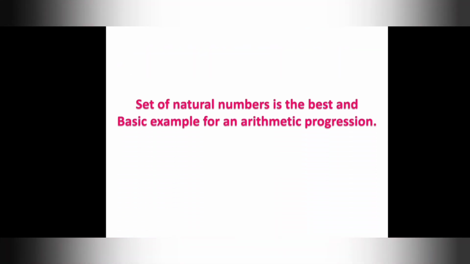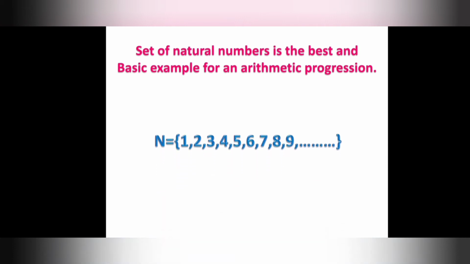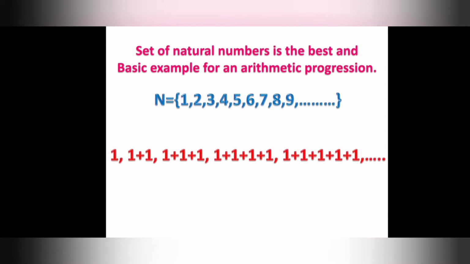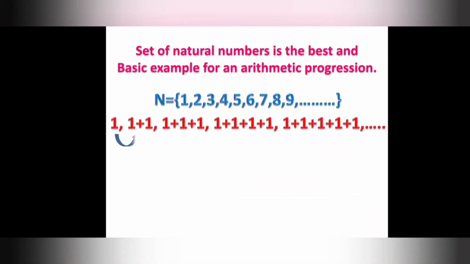Now let's consider an example for better understanding. For clarity, we have the best and basic example of arithmetic progression, which is the set of natural numbers. In lower standards, we have been familiar with the counting numbers, which are called natural numbers. We get the consecutive numbers by adding 1 to the preceding number.